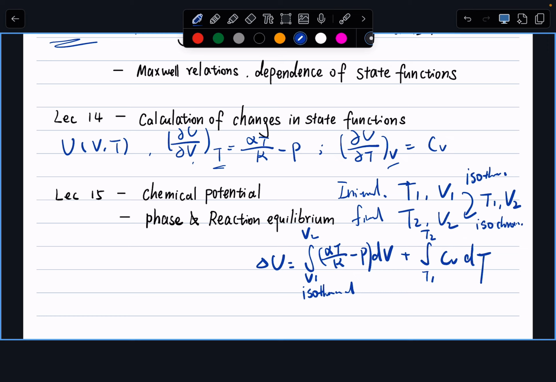And Cv is something we can measure as a function of temperature, and we know how to solve it. That's generally true for any other state function as well. The bottom line here is how you write out the dependence of state functions on the variables and how to set up the integral calculations.